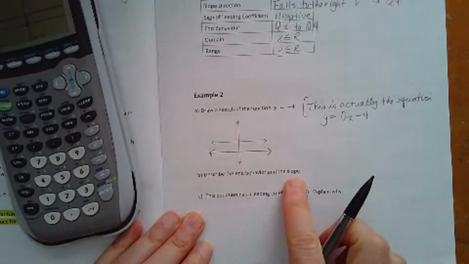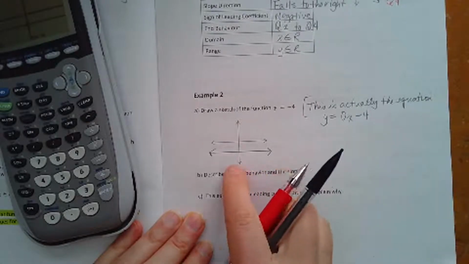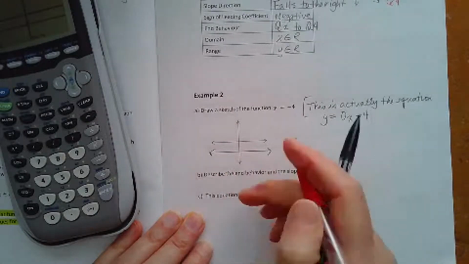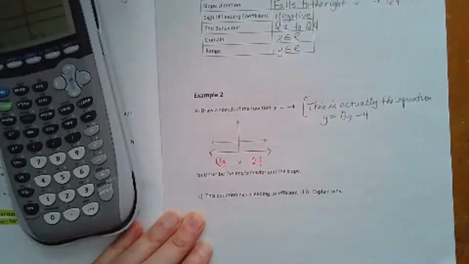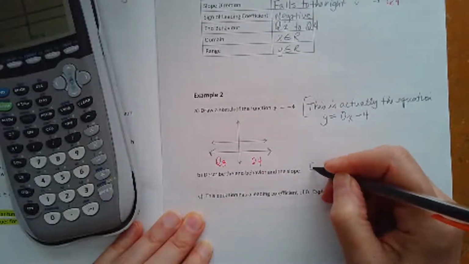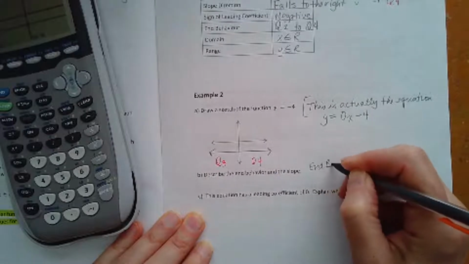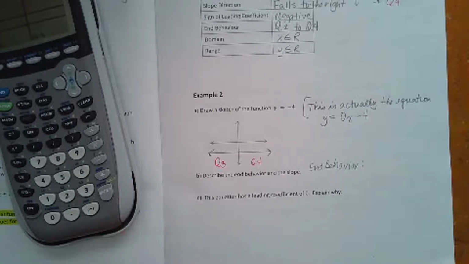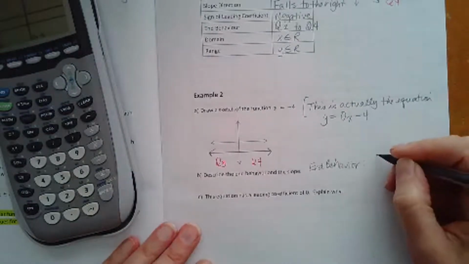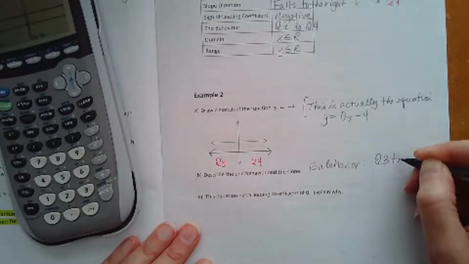All right, describe the end behavior and the slope. So the end behavior, what quadrant is this? Well, this is quadrant 3, quadrant 4, right? So we would say end behavior is quadrant 3 to quadrant 4.